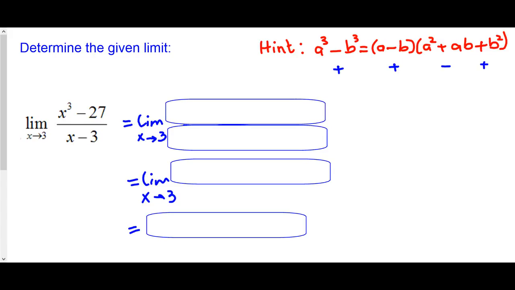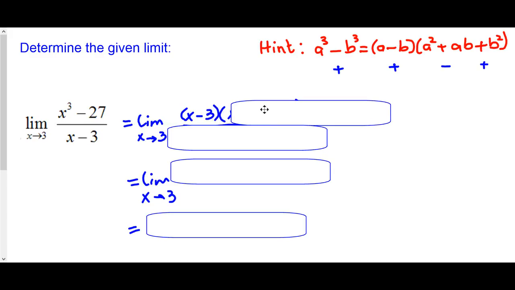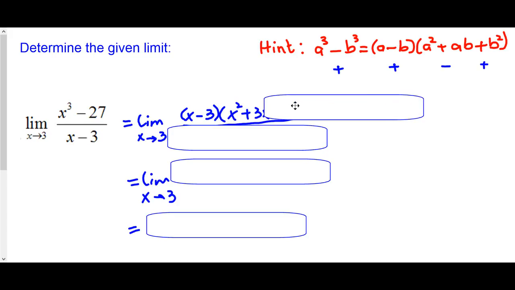So when we factor the numerator, remember your 27 is the perfect cube of 3. So your b in this formula will be 3, right? So the first one will be x minus 3 multiplied by the quantity x squared plus ab, which for us is plus 3x, and plus b squared, which will be the square of 3, which is 9.